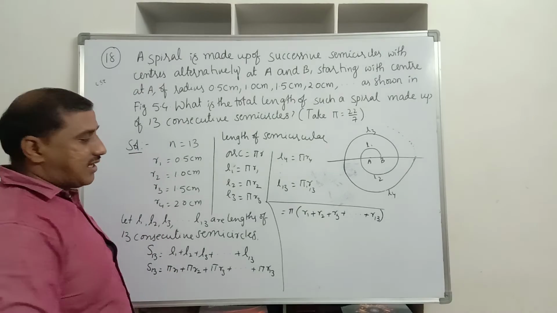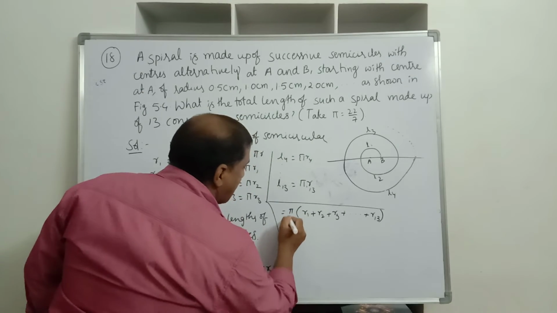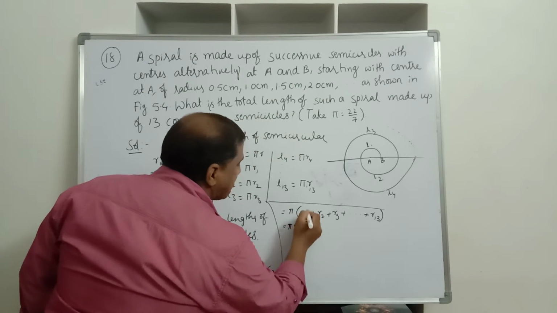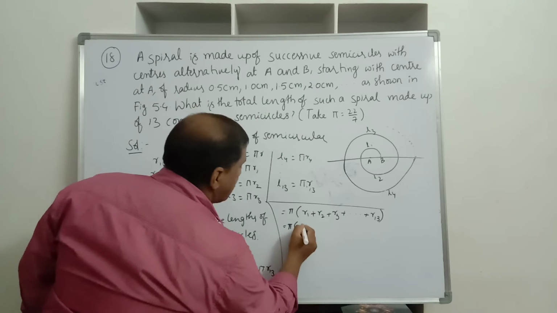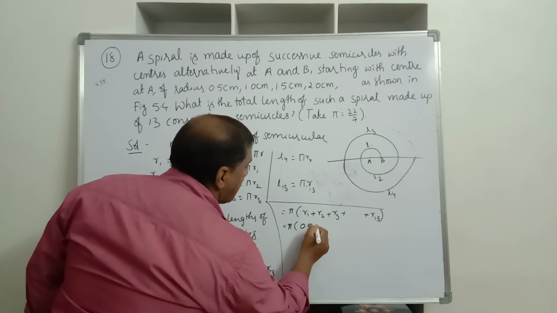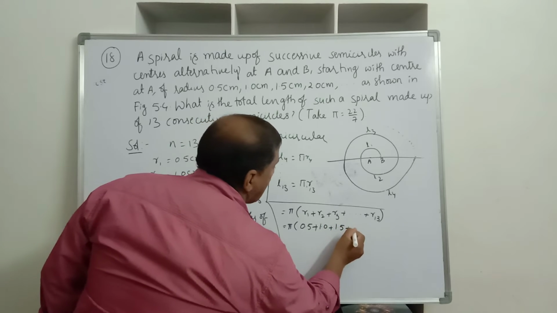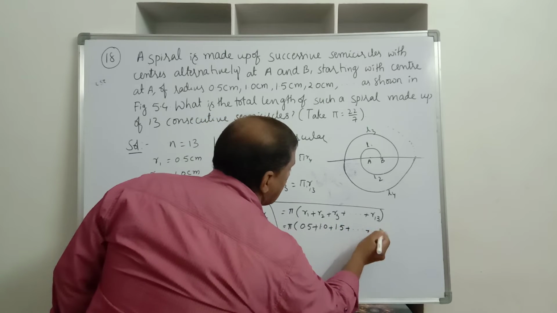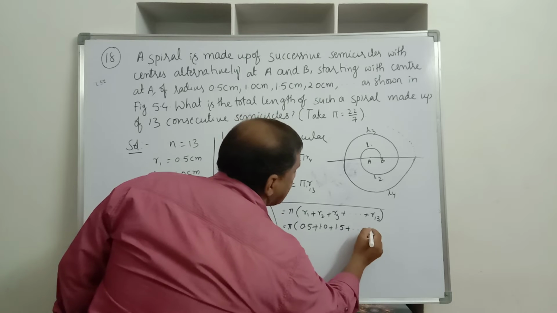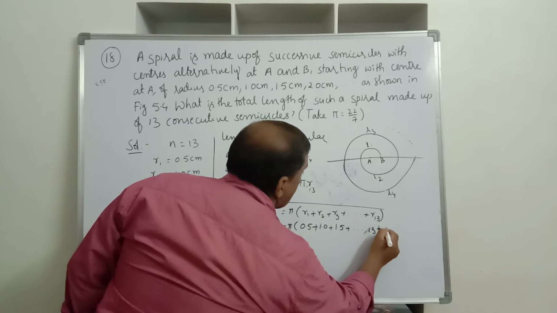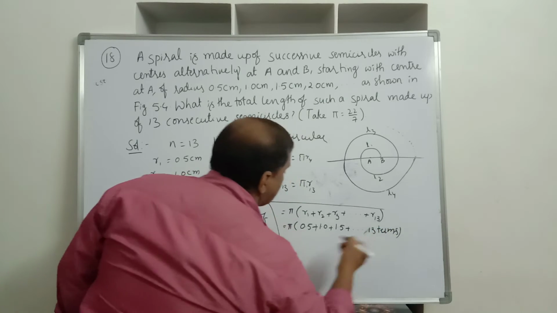Now R1 is 0.5 plus 1.0 plus 1.5 and so on, 13 terms.